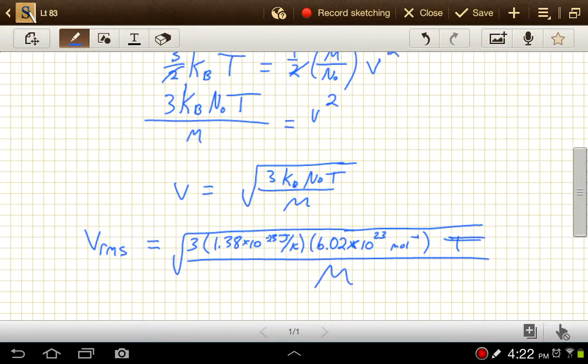So I've got times 10 to the negative 23rd and times 10 to the 23rd over here. It seems a little annoying to be writing that out this way the whole time.